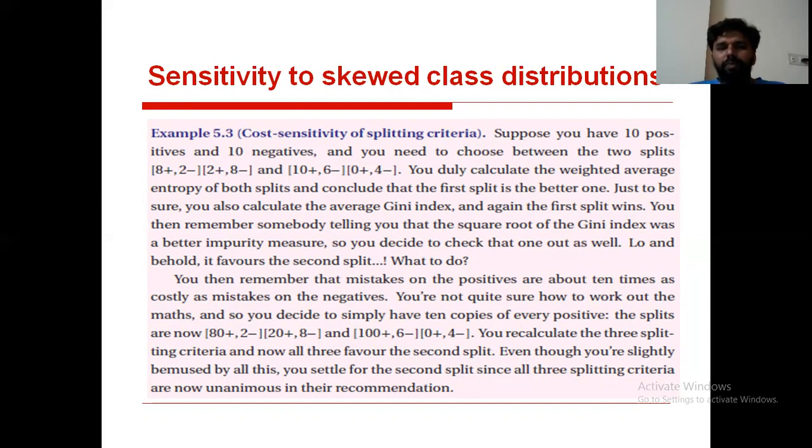By using these measures, we will identify the impurity from the tree, right? See, by using the impurity measures, we are going to estimate the impurity from the constructed classifier.